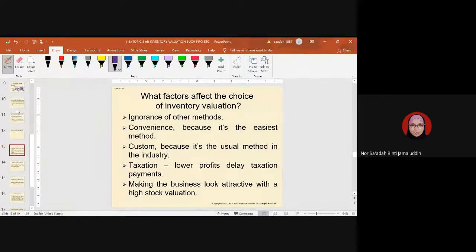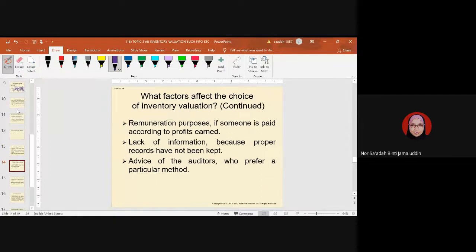Sometimes kita ambil berat dalam pemilihan tu sebab kita nak tengok, kadang-kadang tadi kita nak tunjuk kita punya profit rendah sebab kita nak bayar cukai rendah. Sometimes juga ada setengah-setengah company dia pilih untuk guna method yang tinggi, guna method yang bagi gross profit yang tinggi kerana dia nak nampak yang business dia tu look attractive with a high stock valuation. Stock dia tinggi nilai lah kan.